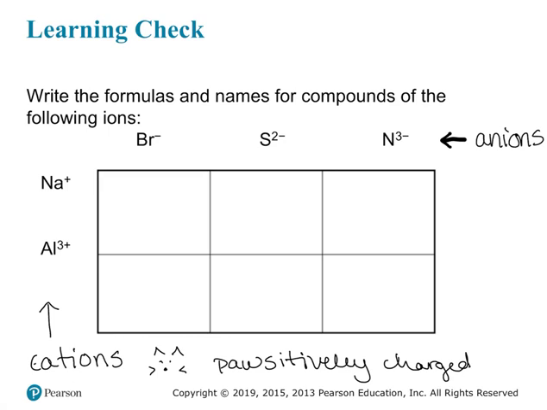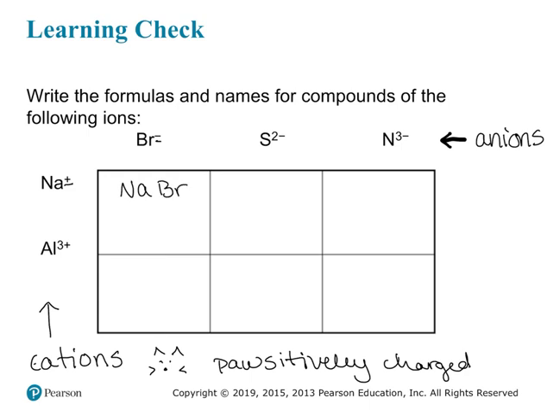Okay, so now let's name these compounds. All right, so if sodium teams up with the bromine ion there, what would the formula be? So we have a plus sign and a minus sign, and they balance each other perfectly, so this would be NaBr.